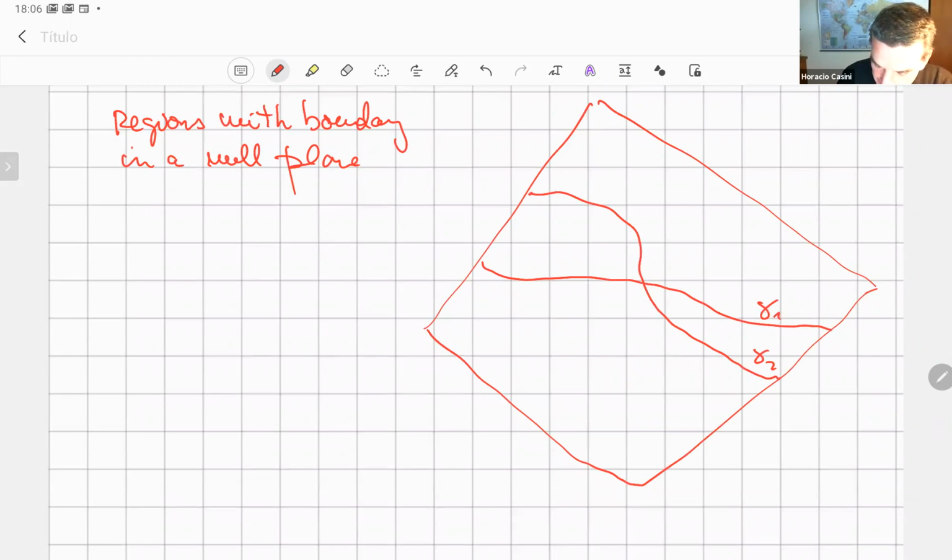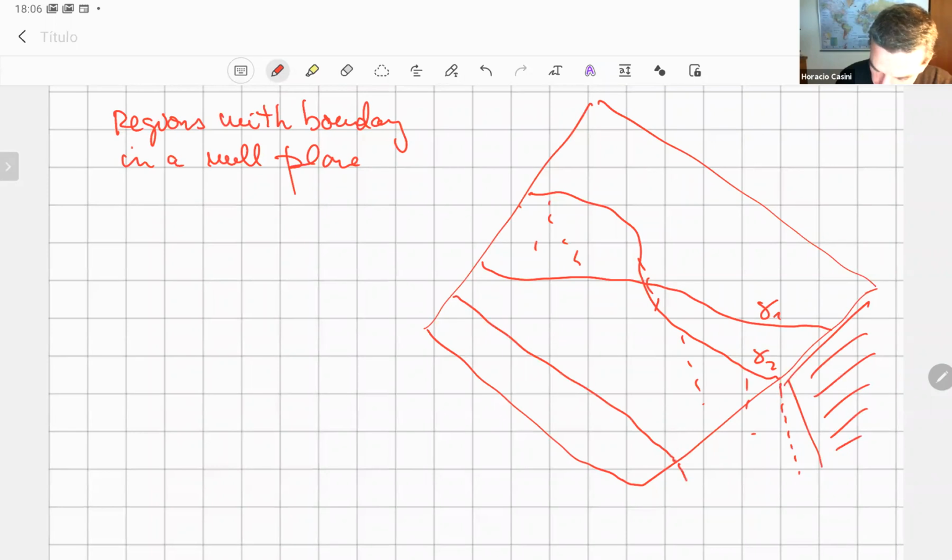For each of these boundaries, there is a region that has some space-time volume. I'm drawing here more or less the shape that it has. It's like a Rindler wedge, but the boundary of the Rindler wedge will be just a line. This will be a Rindler wedge. And here I'm drawing some other curves on the null plane.